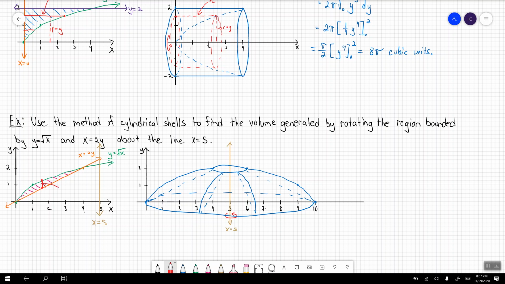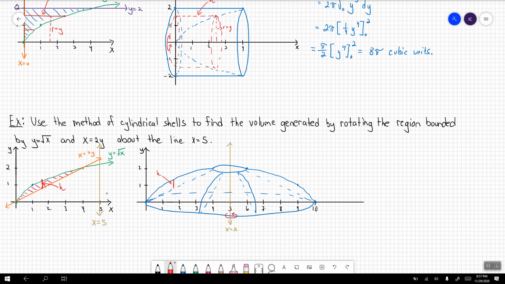So this is my cylindrical height. That's going to be h. When I go through and find that h value, let's say that my h value is here. There's my h value.